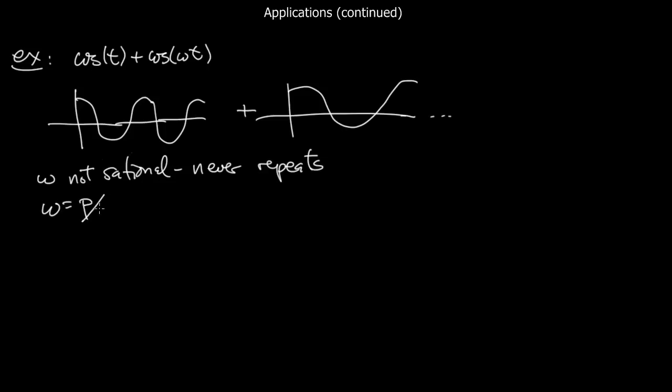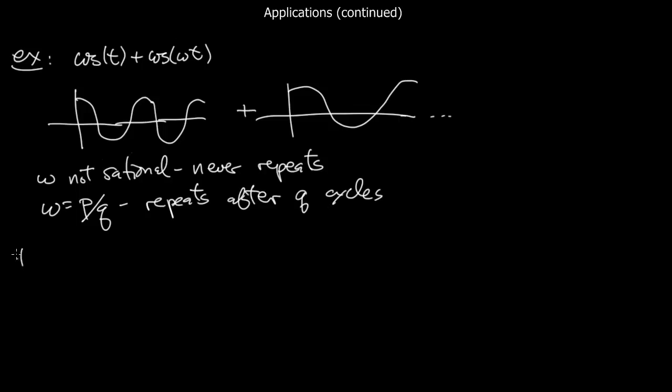You can graph it on a computer and see it seems to be sort of irregular. If omega happens to be a rational number, then after a certain number of repeats, something like q cycles, it starts to repeat again. And that's what I mean. This thing can be periodic, but typically it's not. And even if it's periodic, it's not just with a single frequency. It has a blend of several frequencies.